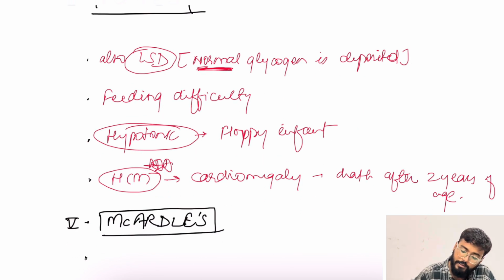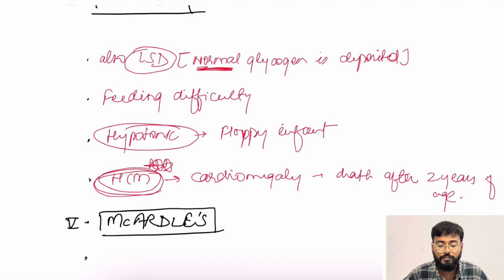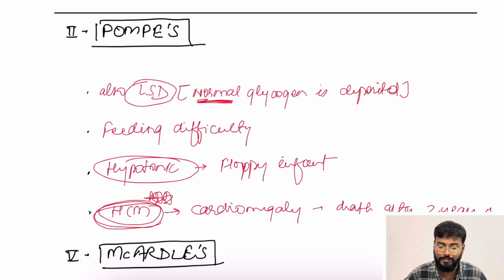Hypertrophic cardiomyopathy is really the most defining feature of Pompe's disease. Whenever you see hypertrophic cardiomyopathy or cardiomegaly, or the baby is hypotonic or has feeding difficulty, straight away you mark Pompe's.